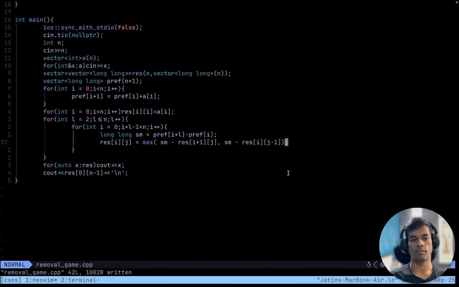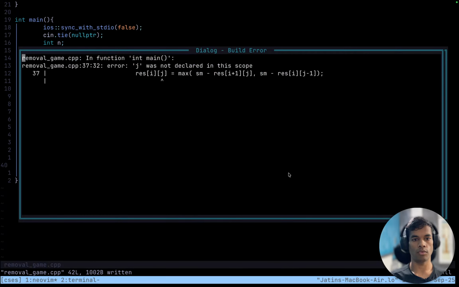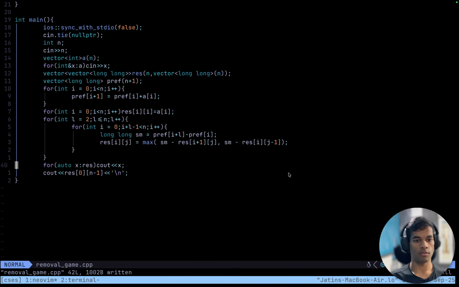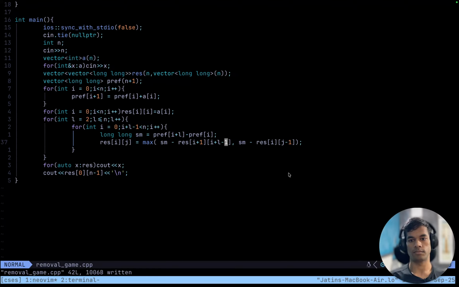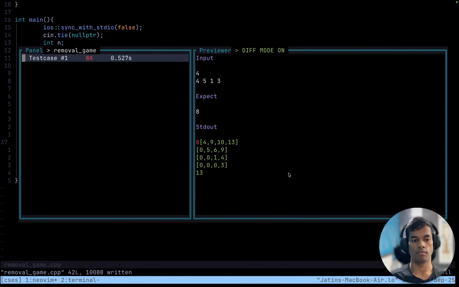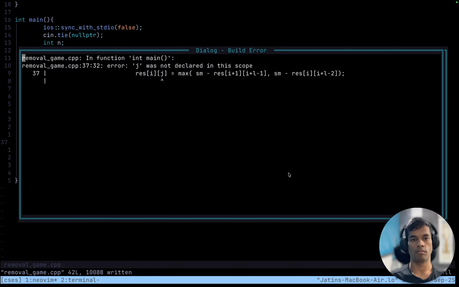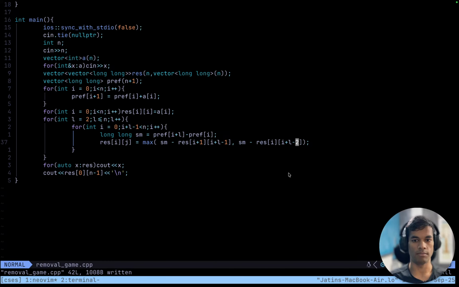I think this might be better than before. j was not declared, that makes a lot of sense. The right index is i plus L minus 1. In this case, it is i plus L minus 2. Where am I using j?